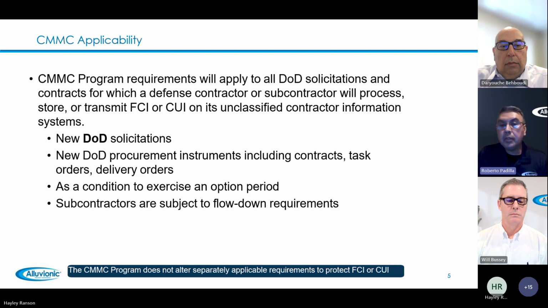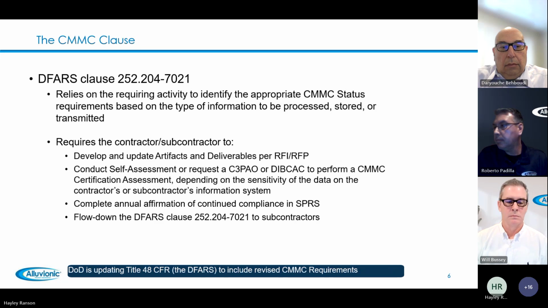For any existing contracts, when an option period is exercised, it's going to require contractors to demonstrate their ongoing compliance with CMMC. And finally, contractors also must comply with those flow-down requirements for their subcontractors to ensure CMMC compliance is being applied at all tiers of the supply chain. Next slide.